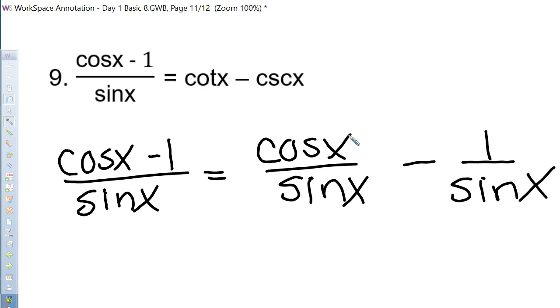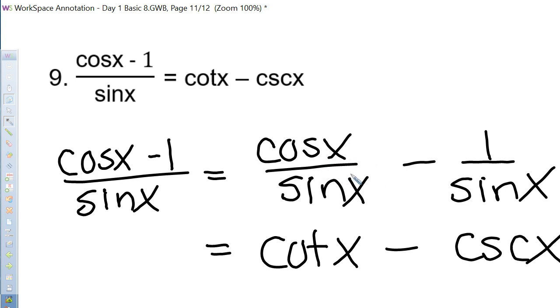So everything in the numerator was divided by sine of x. And what's cosine of x divided by sine of x? Cotangent of x. And 1 over sine of x is equal to cosecant of x. So we just proved that the left side equals the right side.